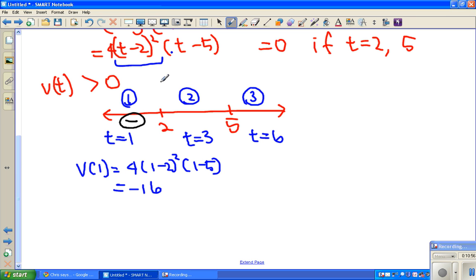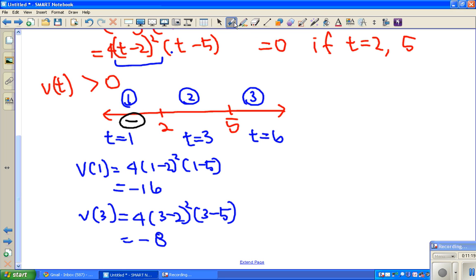Now, when t is equal to 3, v(3) is 4 times (3 - 2)^2, which doesn't make any difference, and then 3 - 5, this is where the difference comes in, and we get to realize that that is equal to negative 8. And once again, we see that the values here are negative.